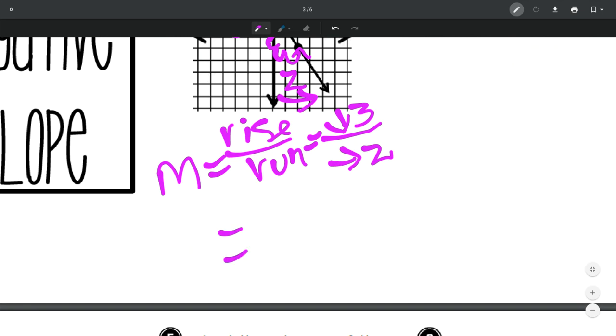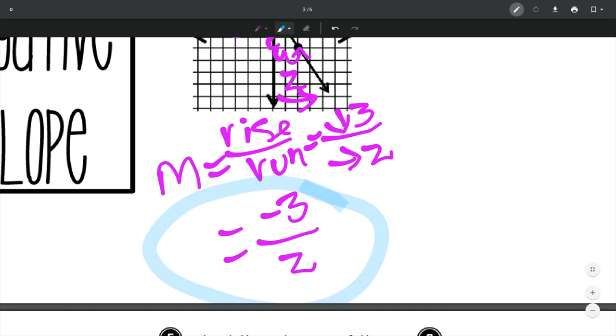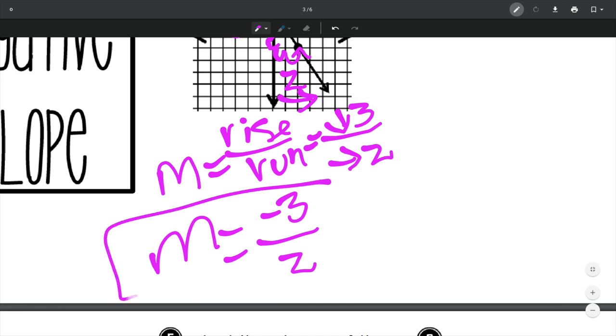When we simplify that into numbers, down 3 is really negative 3 over positive 2. Because I can't simplify this anymore, this right here is your final slope.